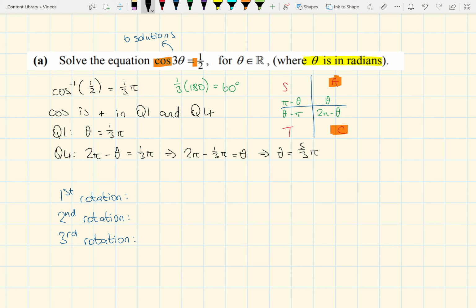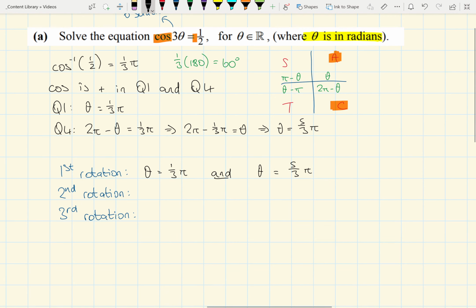Okay, so our first rotation we found already. We have theta equals 1 over 3 pi, and theta is equal to 5 over 3 pi. So for us, another rotation is going to be worth 2 pi. So you can just add on 2 pi each time.